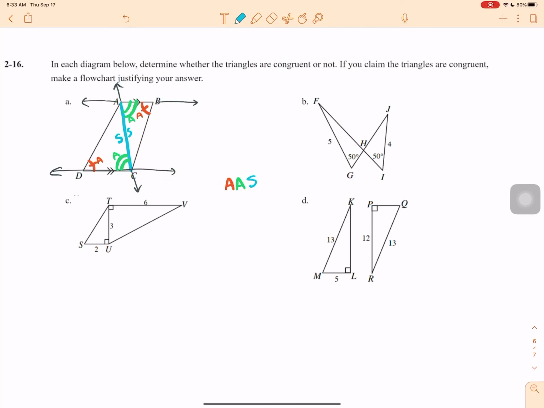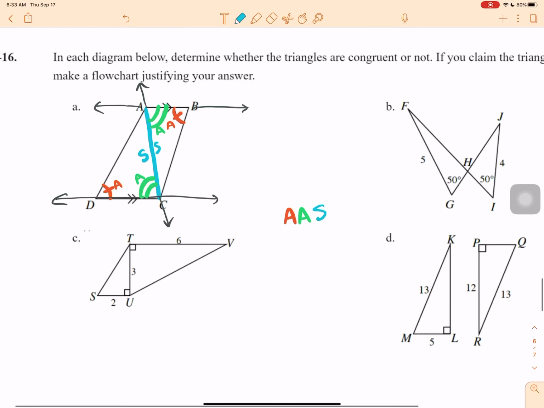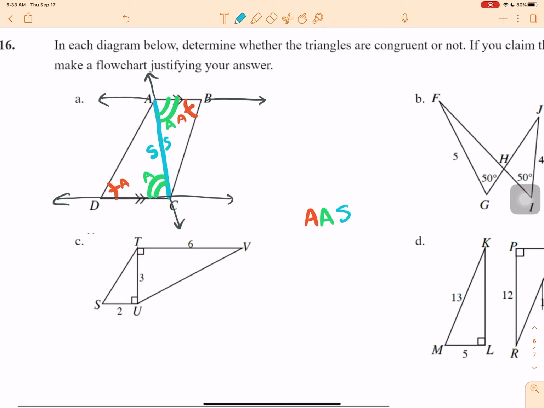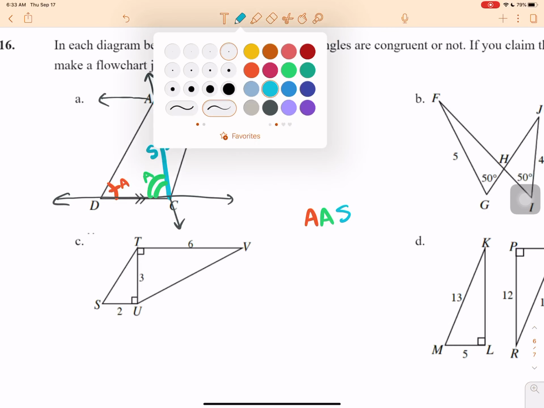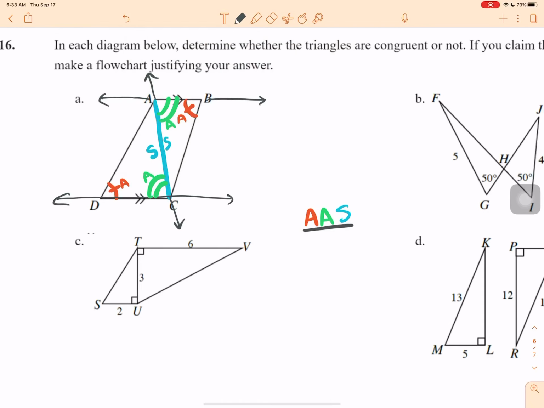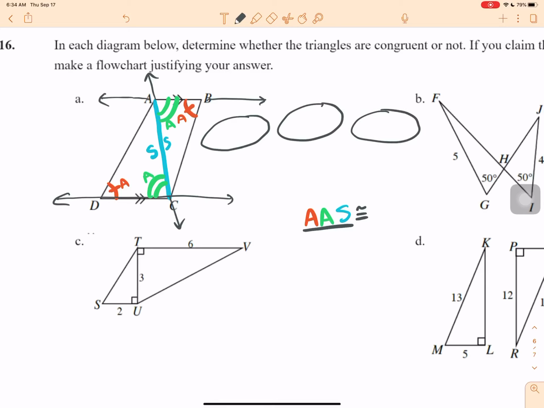I'm going to zoom in a little bit just so you can see this more clearly on the video. Now that we know they're congruent, it's by angle, angle, side congruence. So I'm going to draw three bubbles. Each one needs to have a reason.